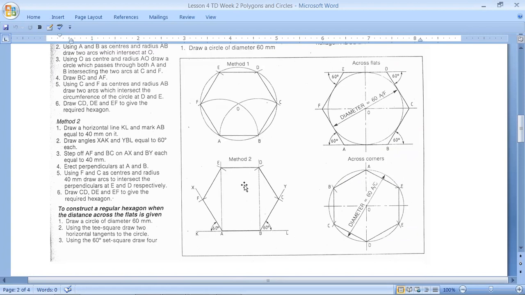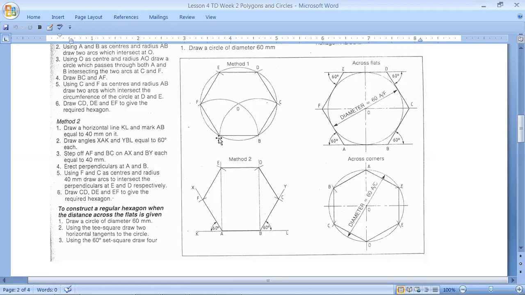Method 1, method 2, when we know the length of one side. And in this case, 6 sides, it's called a hexagon. Just remember, 5 sides is a pentagon, 6 sides a hexagon, 7 sides a heptagon, 8 sides an octagon, and 9 sides a nonagon. All right, that is it.